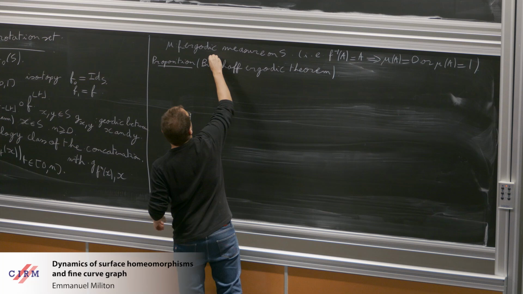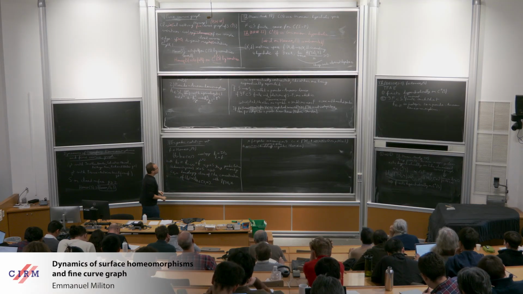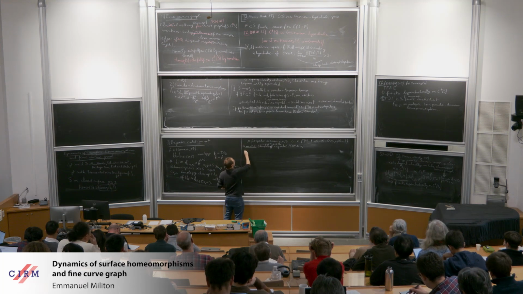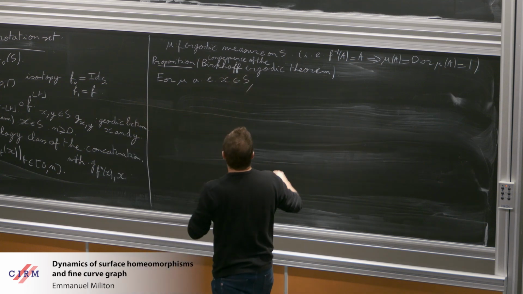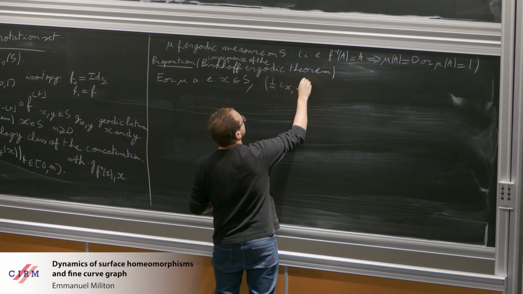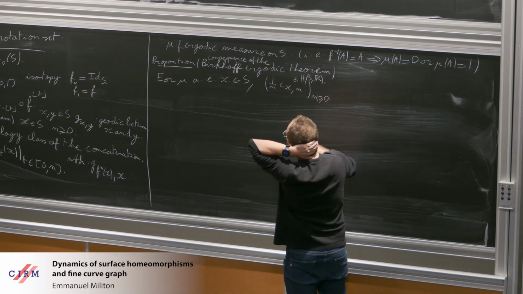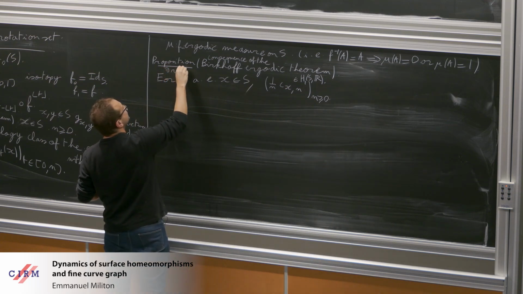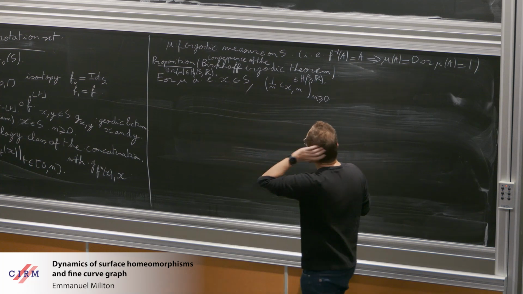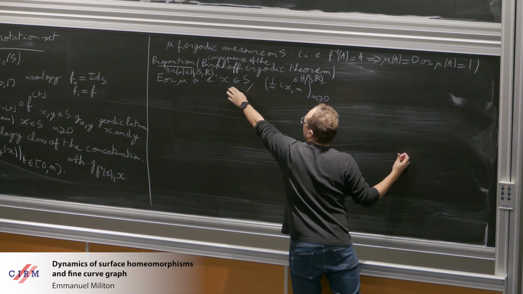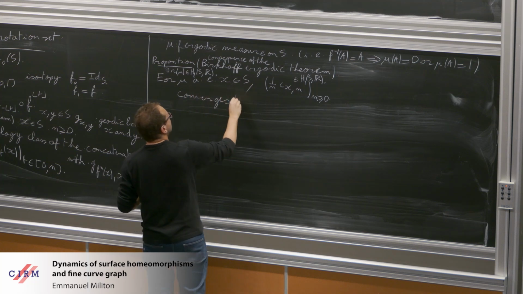For mu almost every x in S, the sequence of homological vectors, a sequence in H1 of S with real coefficients, there exists some homological vector which I denote by R of mu, such that for mu almost any point in S, this sequence of homological vectors converges to R of mu.